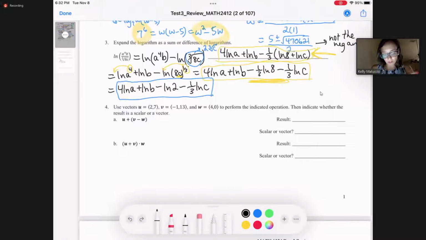Okay, so let's take a look. I'm going to rewrite these. So U is 2, 7, and I'm going to write them in component form, plus V, which is negative 1, 3, minus W, which is 4, 0. I'm writing all this out. You do not need to write all of this, but I'm trying to make a point that with component vectors, it's different than typical ordered pairs.